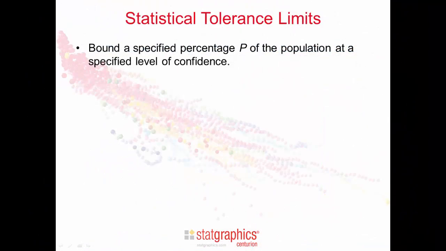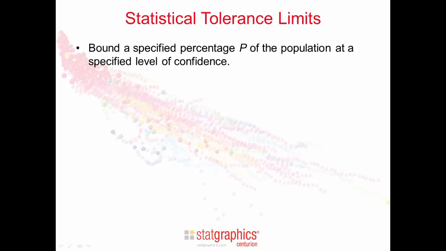As I said at the beginning of this video, calculation of capability indices and DPM is one of two possible approaches for determining whether my process is capable of meeting this specification. The second approach is the calculation of statistical tolerance limits.